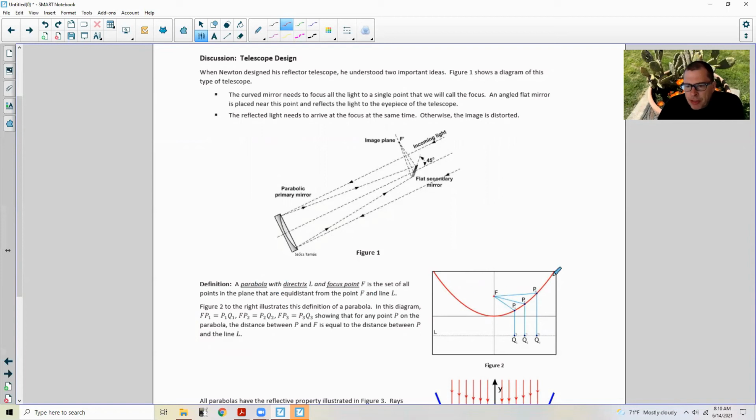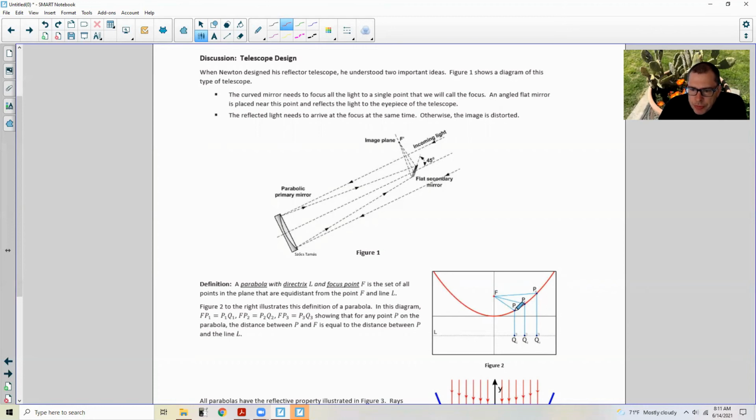So a parabola is a lot like a circle. A circle, by definition, is the set of all points equidistant from its center. In the case of a parabola, the parabola is the set of all points equidistant from the focus and the directrix. So this line from Q1 to P1, this distance right here, is equal to the line FP1.